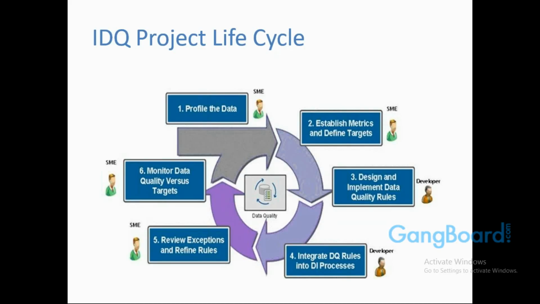Suppose out of 100, 20 are nulls or whatever other than male and female, your gender score will be 80%. Then business people will ask why this is 80%, it should be 100%, where it was missed, and they will review.